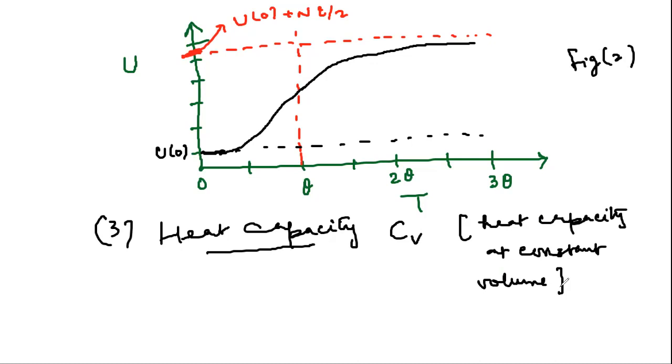And heat capacity at constant volume means the heat capacity at constant energy levels, because fixing the volume of the system fixes the energy levels. Now, how do we obtain that? We obtain that by differentiating the internal energy with respect to temperature at constant volume, or constant energy levels.